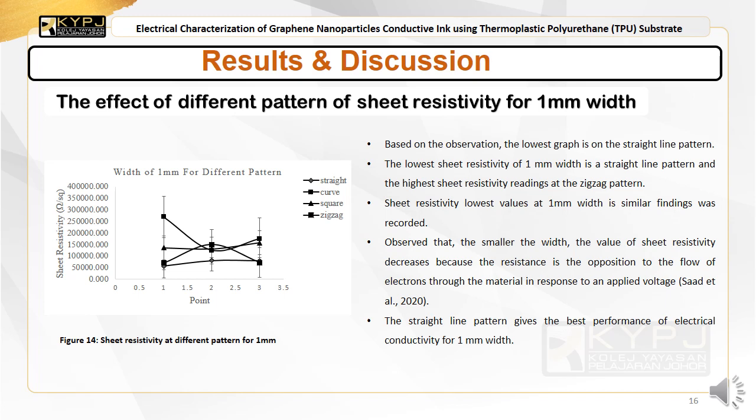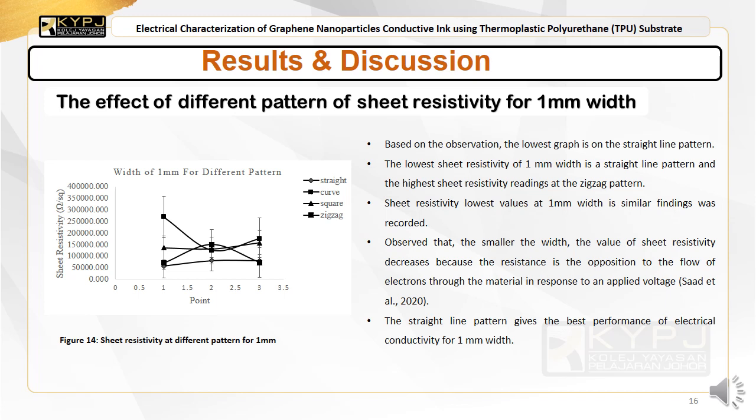Figure 14 displays sheet resistivity against different patterns for 1 mm width. Based on observation, the lowest graph is the straight line pattern. This shows that the lowest sheet resistivity of 1 mm width is the straight line pattern, and the highest sheet resistivity readings are at the zigzag pattern.